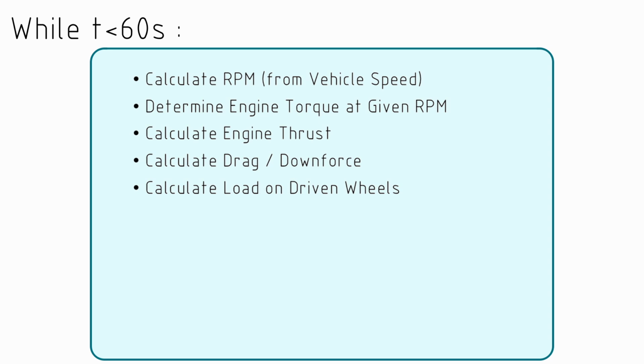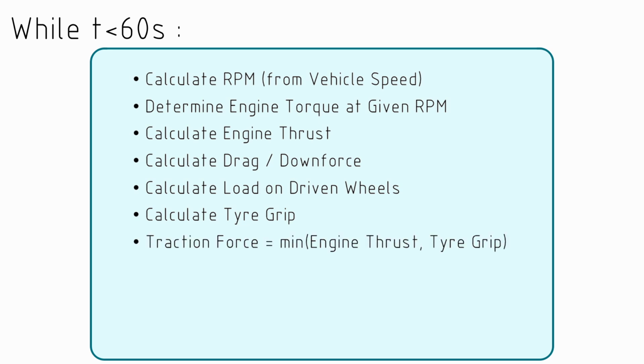From this load, we can multiply it with our friction and we can get tire grip. Once we have both the engine thrust and the available tire grip, the traction force of the vehicle will be the minimum of the engine thrust or the tire grip. Once we have that traction force, we just subtract the drag force from that and divide it by the mass, and we have the acceleration in the forwards direction.